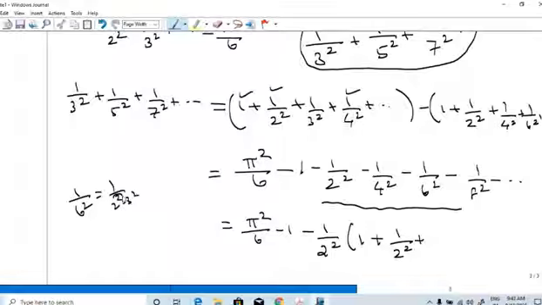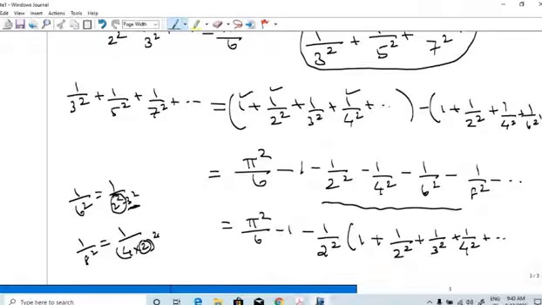Therefore you can take outside the 1 by 2 square, therefore we are remaining 1 by 3 square. Okay, now 1 by 8 square is nothing but 8 can be written as 2 into 4. Now you can take 2 square outside, therefore we have 4 square. So on and so on.